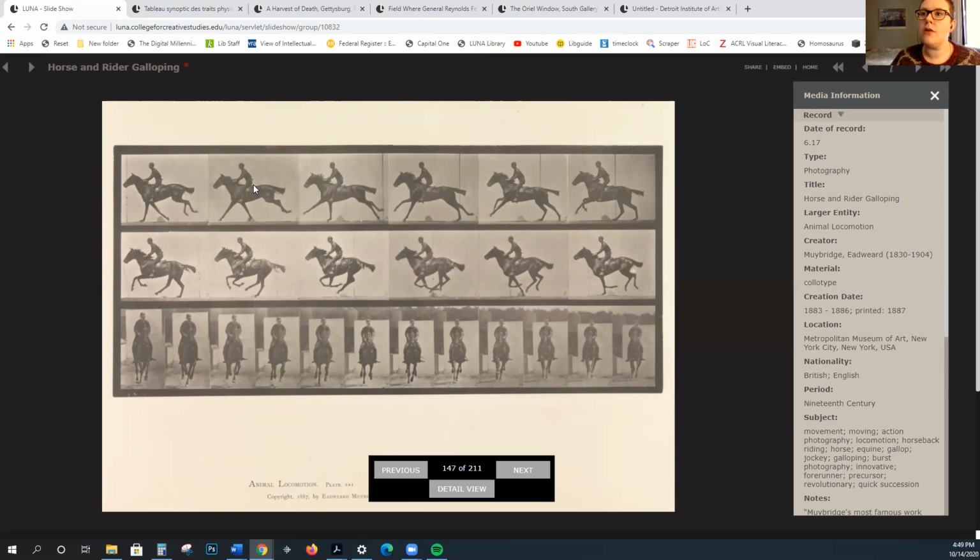And so there's long been a question of, do all four hooves of the horse leave the ground when the horse gallops? And it's never been answered up until this point. And you can see that this horse is starting to gallop. And then here you can see all four hooves have left the ground. So Muybridge has proved that this is something that happens in a very scientific way.